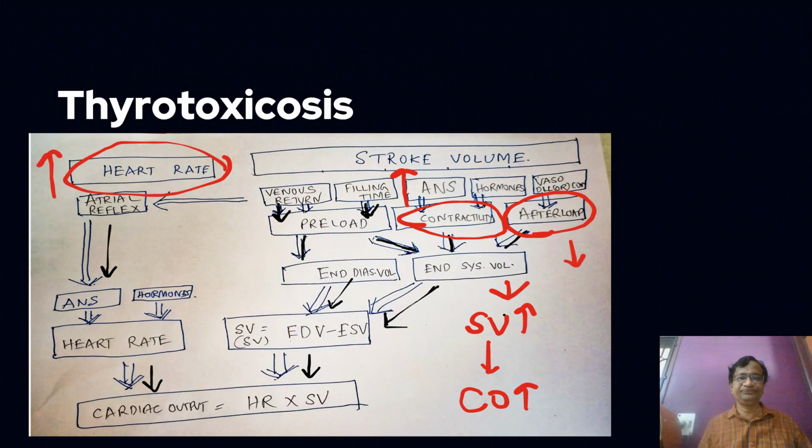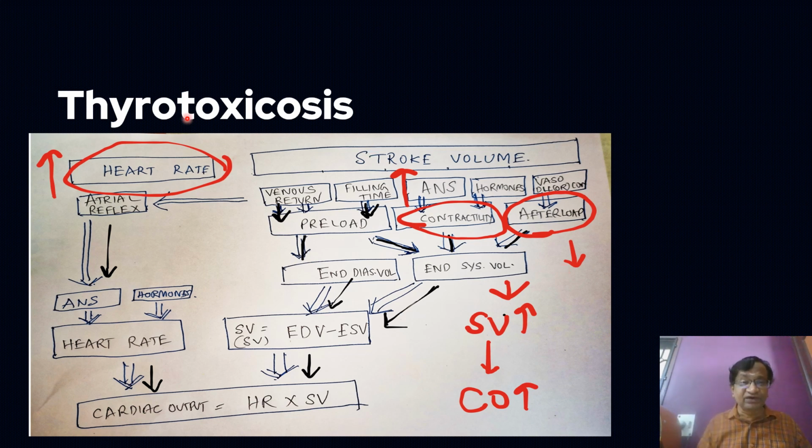Now, thyrotoxicosis increases heart rate. So it increases cardiac output, but also causes better contractility, increases stroke volume. There is a decreased afterload also. You see the difference between high output of thyrotoxicosis and high output of anemia.